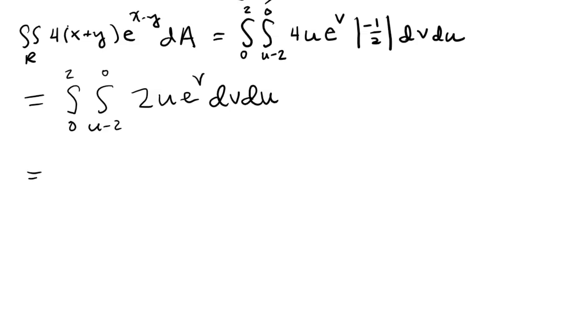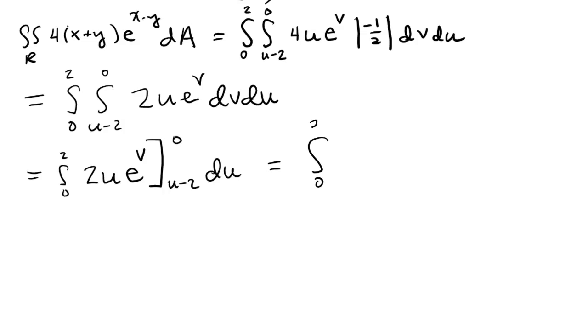So taking a look then, we've got the integral 0 to 2. We're going to have dv. 2u is just a coefficient, so we'll keep 2u, and then we'll end up with the integral of e to the v, which will just be e to the v. So I'll have e to the v from u minus 2 to 0, du.